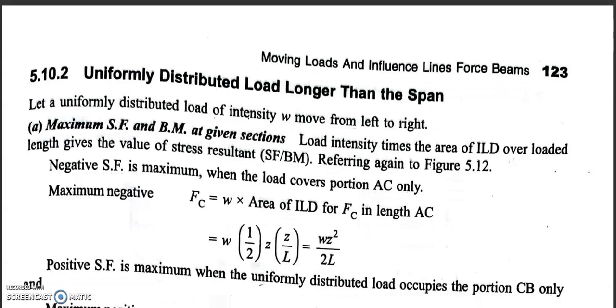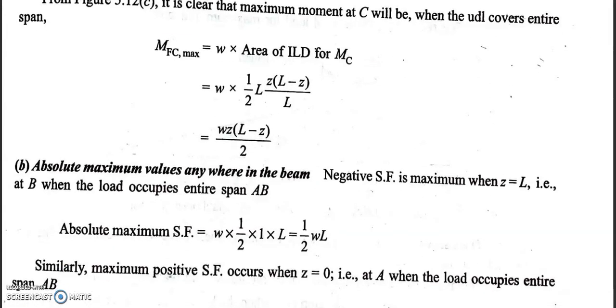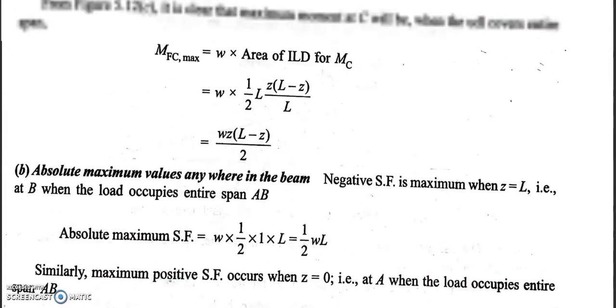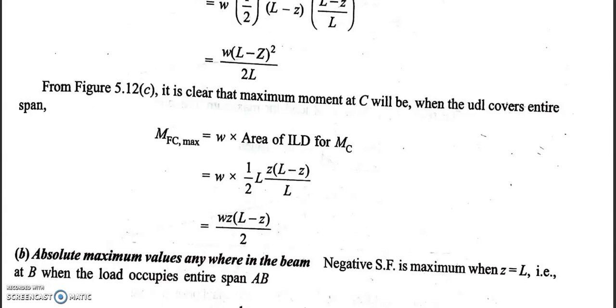Next we have another type, that is uniformly distributed load longer than the span. So in this case, we have a uniformly distributed load which is longer than the span, and we need to calculate the maximum negative shear force, positive shear force and bending moment. So just see, while drawing the figure, we can understand where we get maximum.